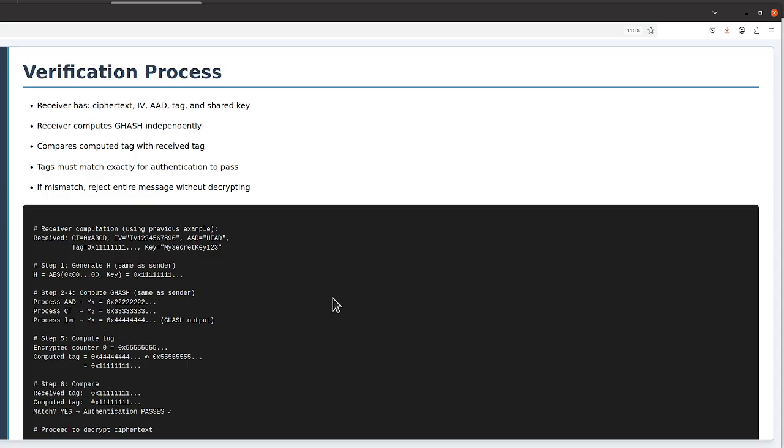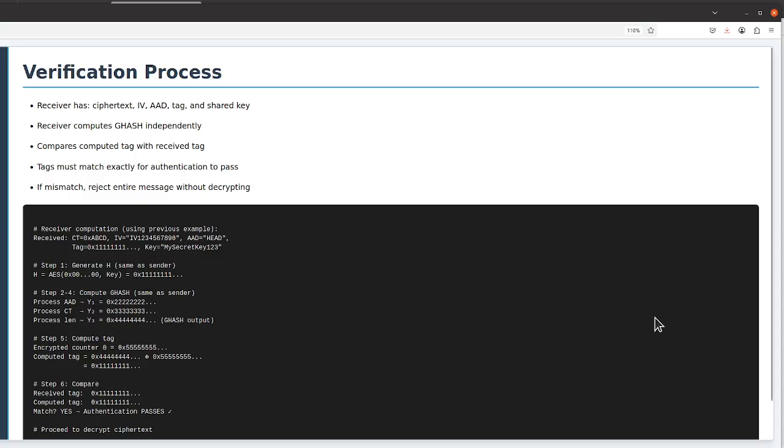Compute the tag. Encrypt counter 0 with their IV and key, giving 0x55...55. The computed tag equals 0x44...44 XOR 0x55...55 equals 0x11...11.